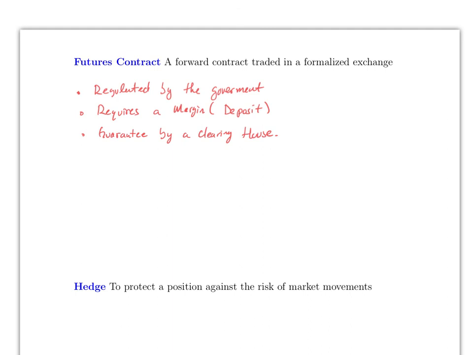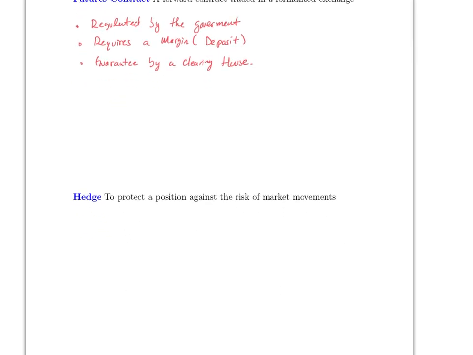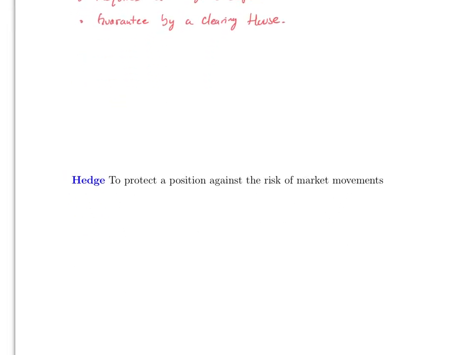Now let's look at the following definition, which we're going to use multiple times throughout the class. To hedge means to protect a position against the risk of market movements. A perfect example of hedging was the example we did with Pedro and Ethan.